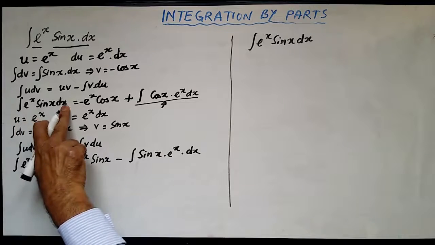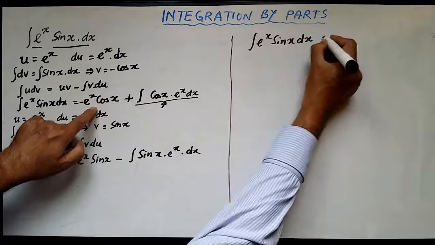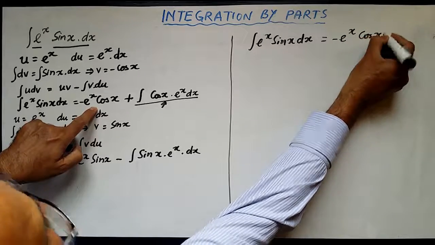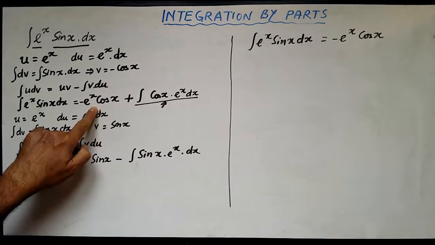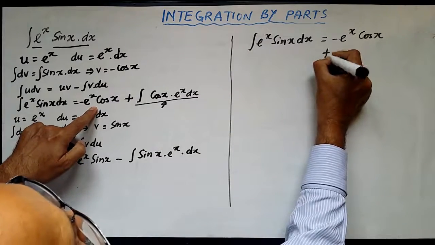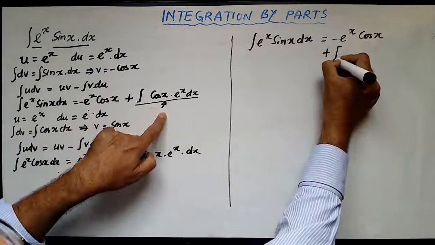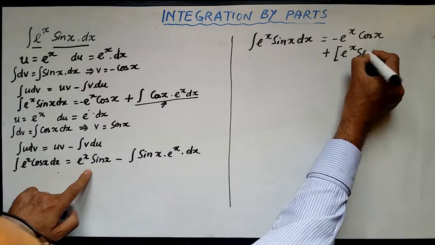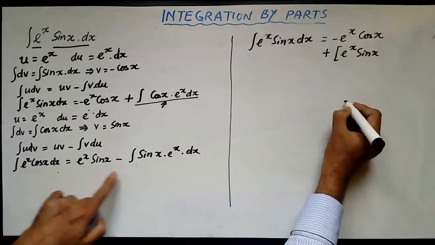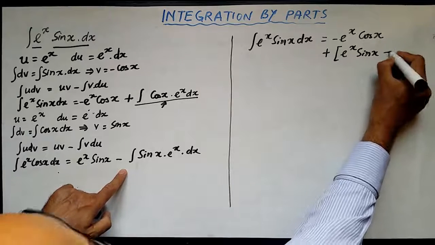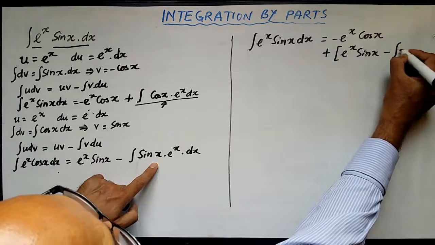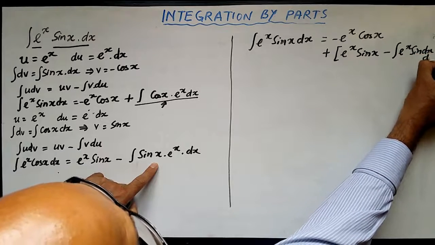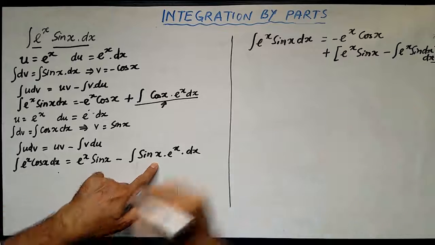Integration of e to the power x sine x dx is equal to minus e to the power x cosine of x, and we have plus integration of this one. So we will put this in the brackets. So we have e to the power x sine of x minus integration of e to the power x sine of x dx. Okay, this is what we get here.